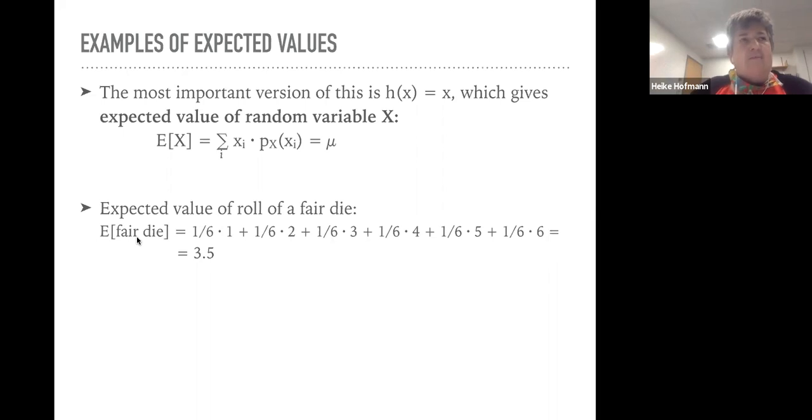The expected value is most of the time not actually a real outcome.